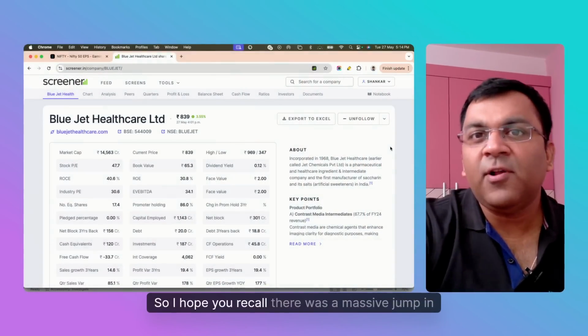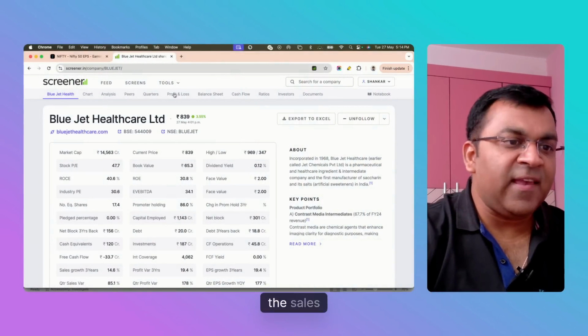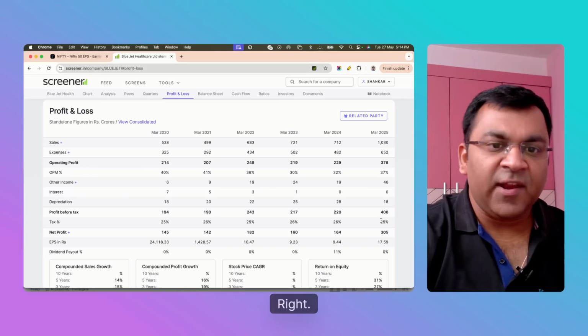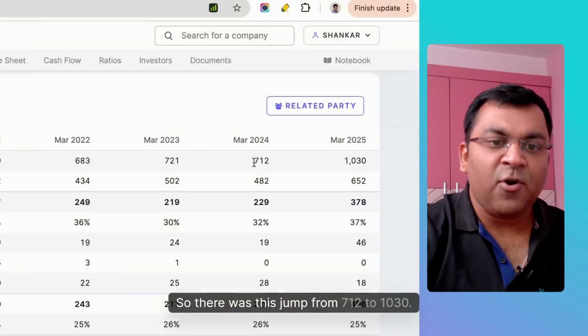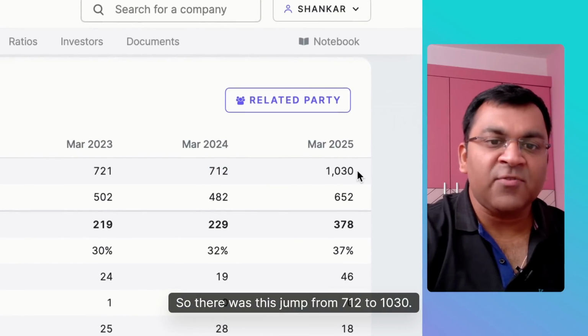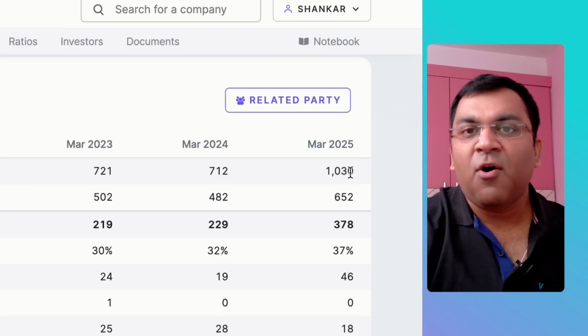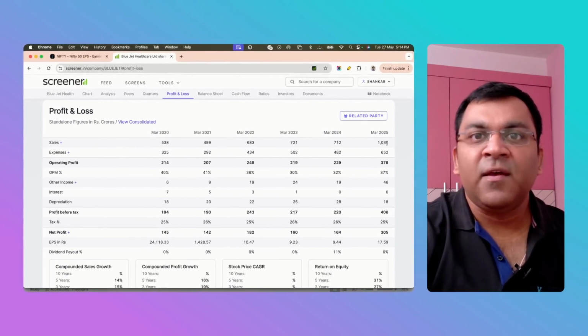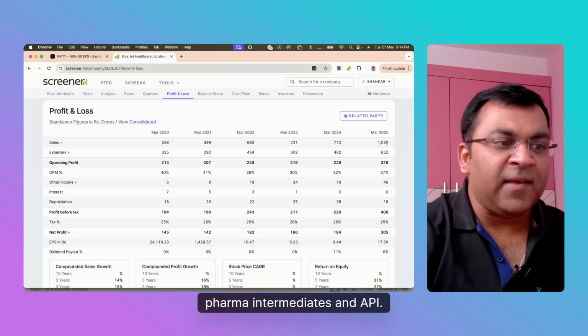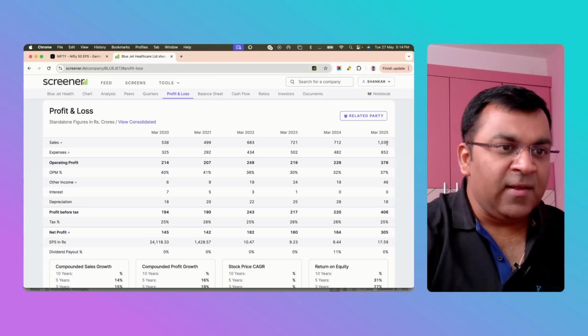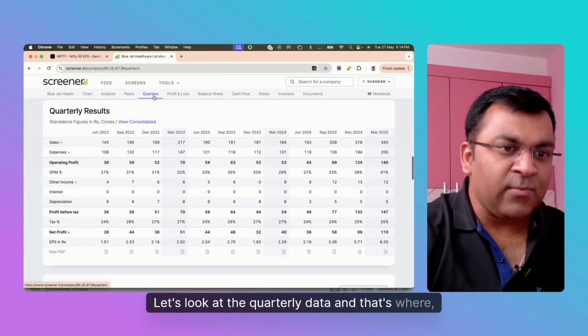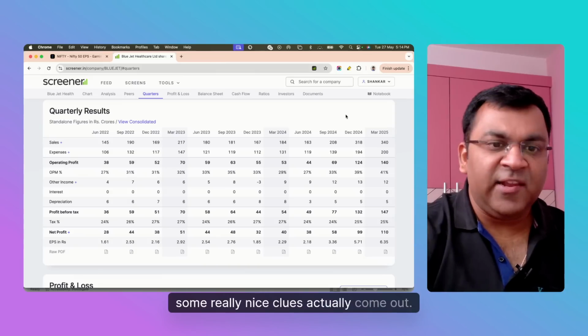Right, so I hope you recall there was a massive jump in the sales in FY25, right? So there was this jump from 712 to 1030. A lot of it happened because of their big moves in pharma intermediates and API. That particular segment did extremely well. Let's look at the quarterly data, and that's where some really nice clues actually come out.